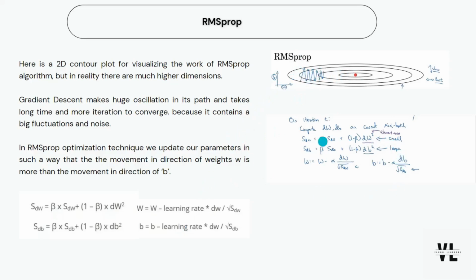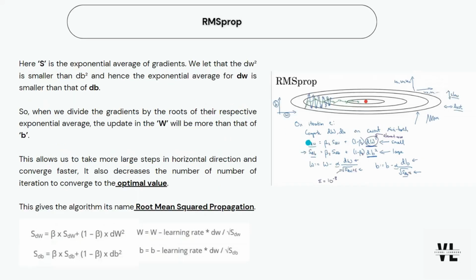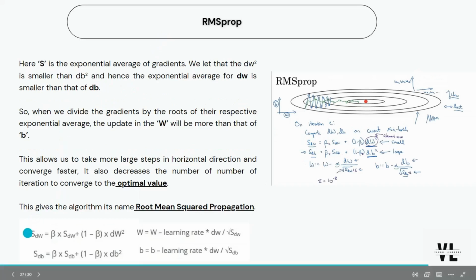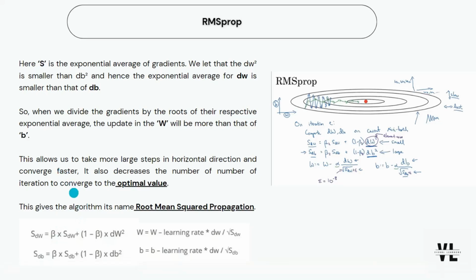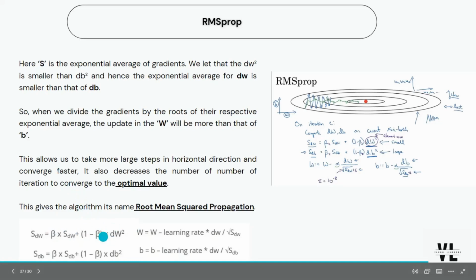Basically, in RMSProp we're computing new SdW and Sdb parameters. Notice we're using the notation S, different from V which was used for gradient descent with momentum, so that we don't have any confusion over the terms used.